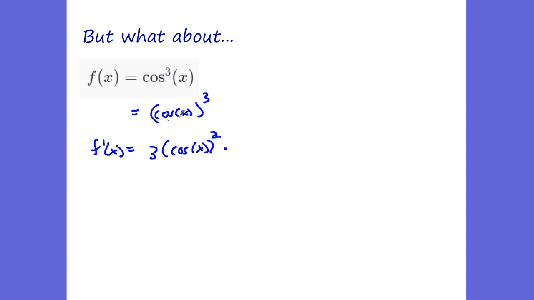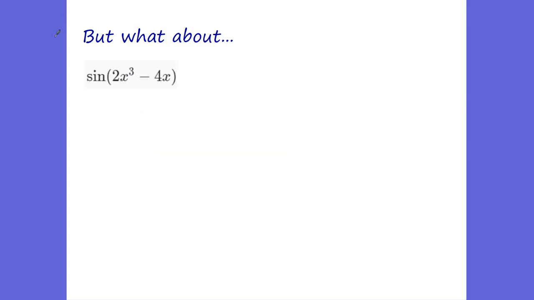Now I need to multiply by the derivative of the inside guy. What's the derivative of cosine of x? That's negative sine of x. And there's my derivative. It's really negative 3 sine of x times cosine squared of x, or cosine x squared.